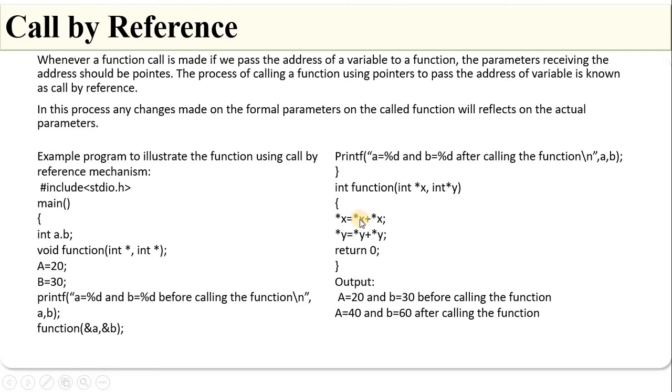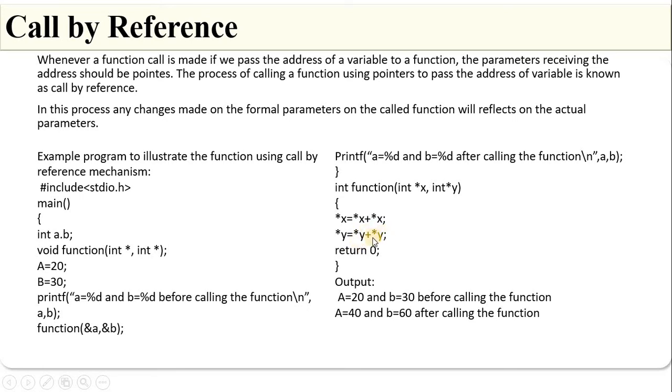That is 20. 20 plus 20 makes 40, and you are assigning that to the value where x has the address 20,000. Within that address, go there and put the value 40.